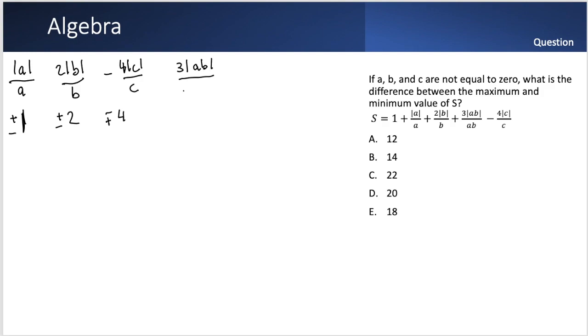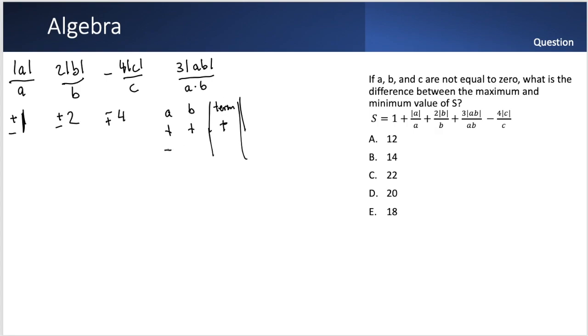And now the only one which is a little bit more complex is 3 times the absolute value of a times b divided by a times b. So here we have to differentiate different scenarios. Let's say we've got a and b, and then see what our term is, if it's positive or negative. So if a is positive and b is positive, then we just have 3 times ab divided by ab, so this will be positive as well.